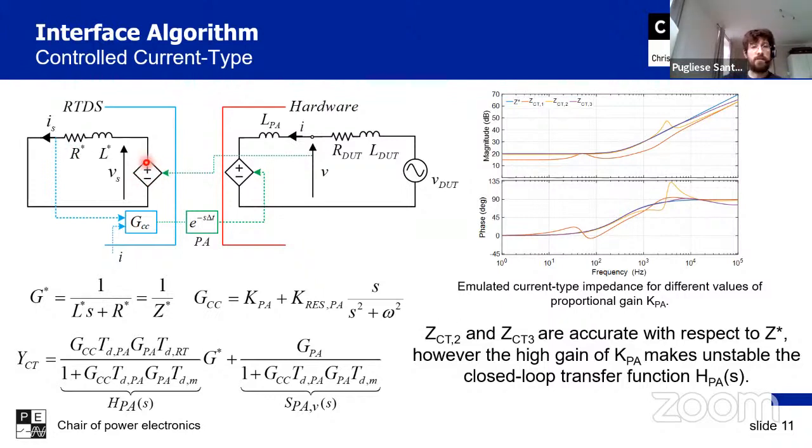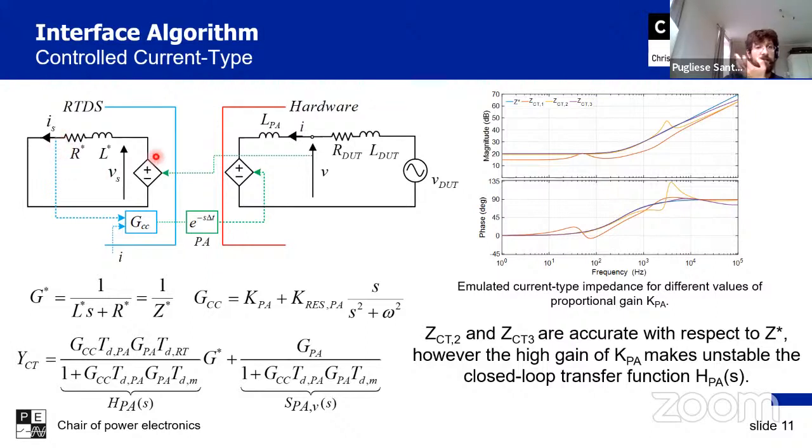What is this voltage source? This voltage source is a controlled voltage source, which is taking into account, in the real-time simulation, the presence of my device under the test at the point of common coupling. So I measure the voltage at the point of common coupling, I feed it into the real-time simulation, and I solve this circuit, this equation.